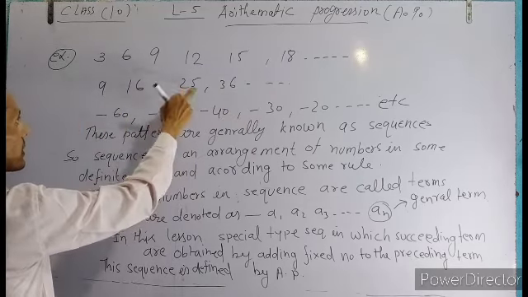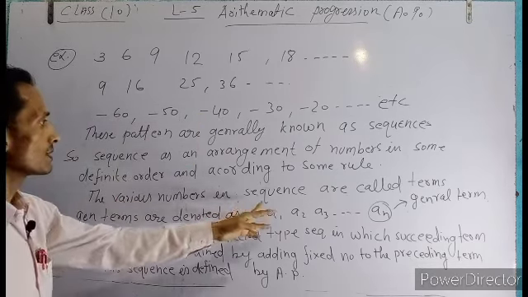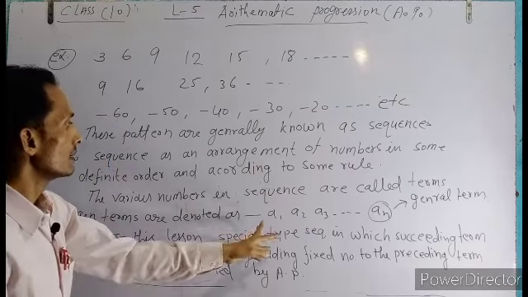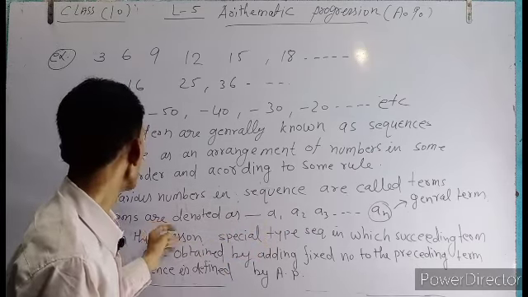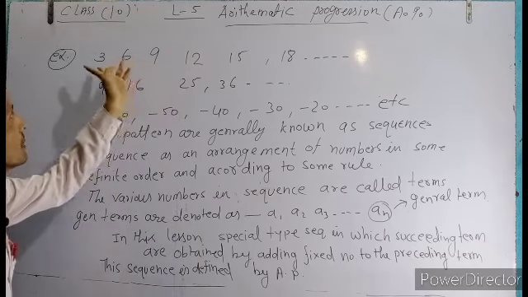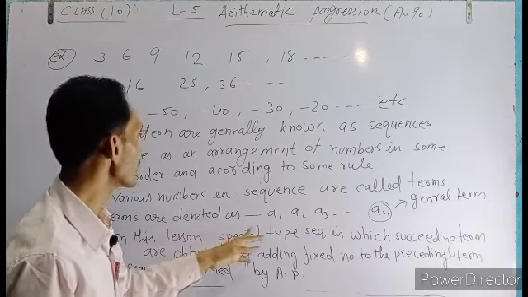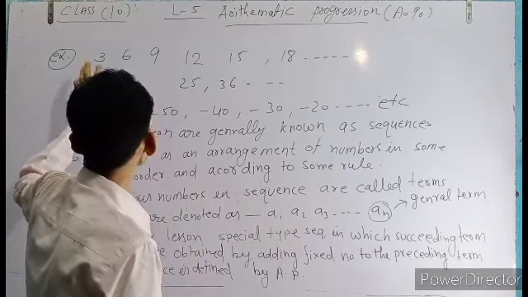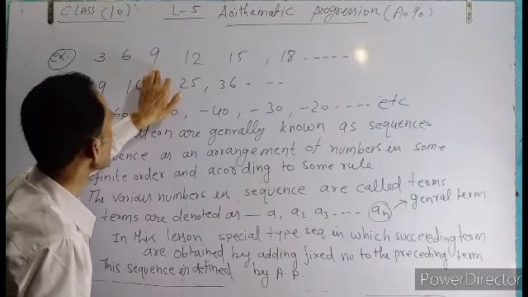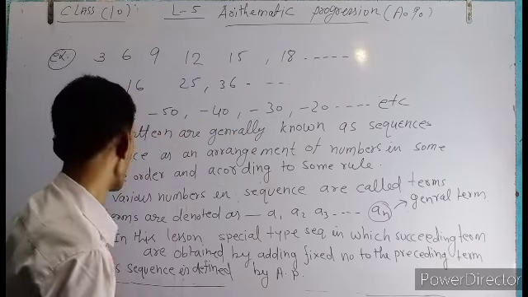Generally, the terms are denoted by, if we are not given any number, in place of the number we write the terms. Generally we denote the first term as A1. In this sequence A1 is 3, A2 is 6, A3 is 9, and similarly we can go in the forward direction.